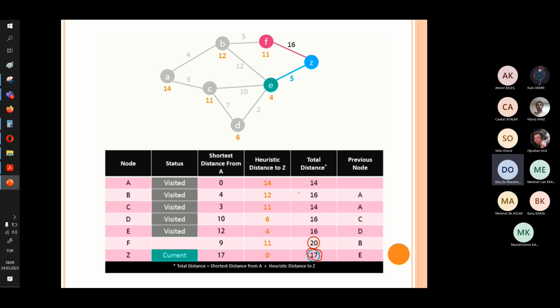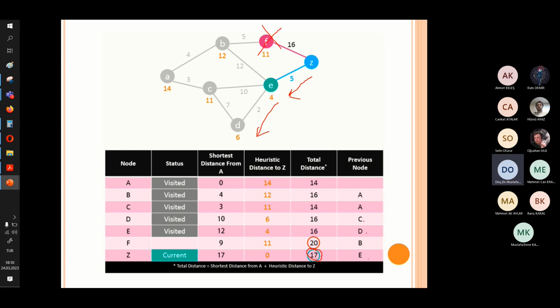Therefore, there is no need to explore F. So we are not exploring F, and we are finishing. Now, from A to Z, the total cost will be 17. And that will be from Z to E. Let's go to E. E to D.